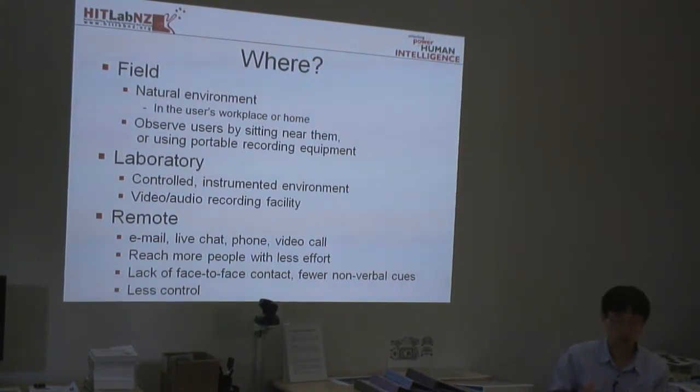So it has cons and pros. The laboratory setting is a more controlled environment, so it might be different from the environment where the end users might be using your end product. So you might not discover some of the problems that actually happen in the real world but not in the laboratory.